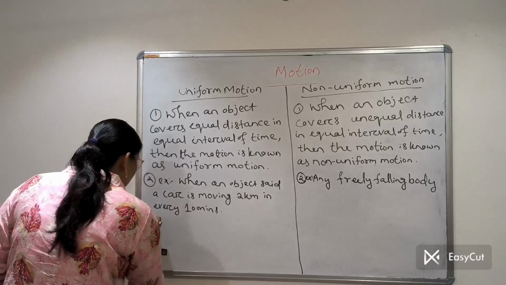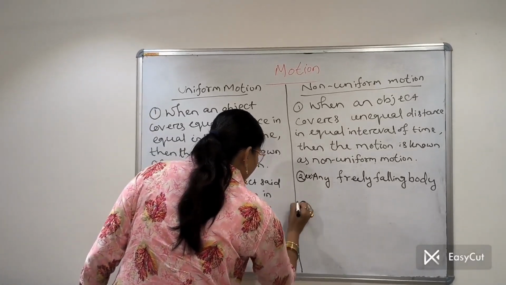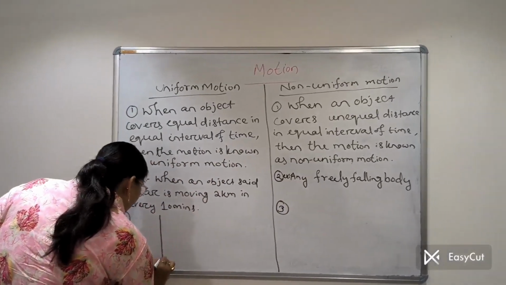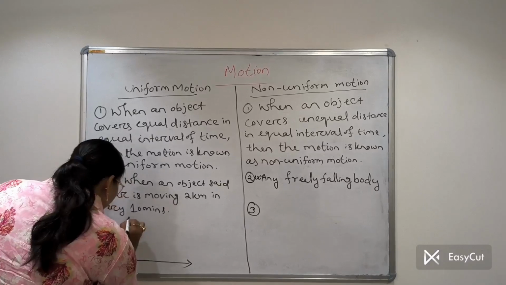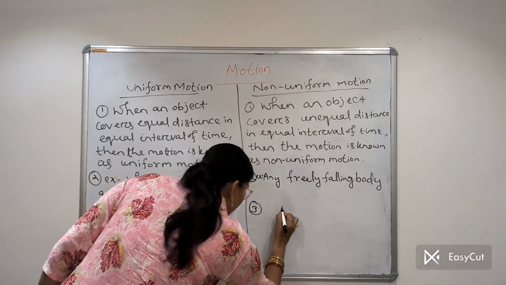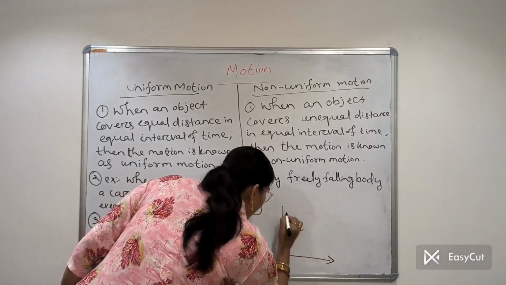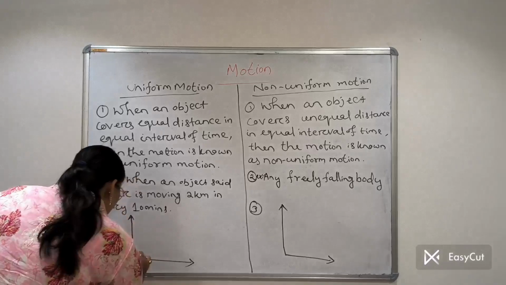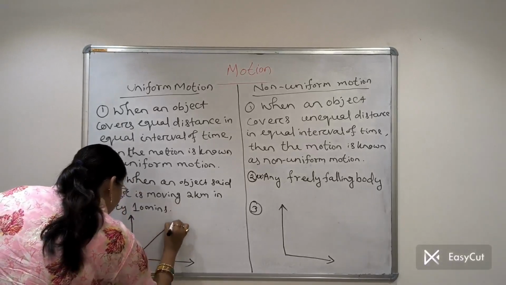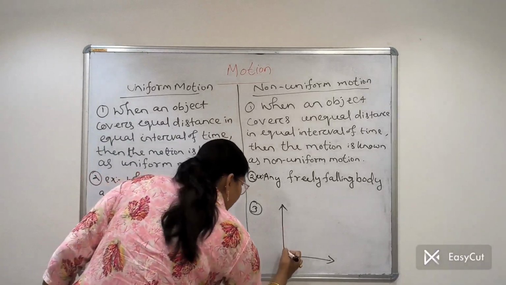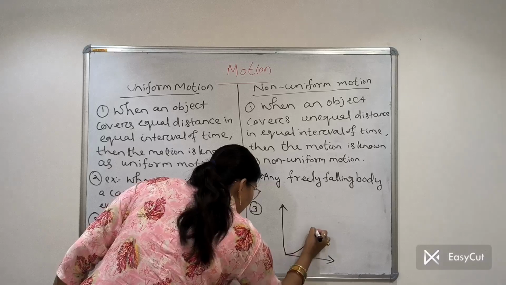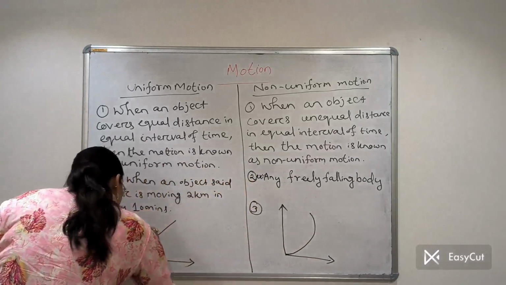Then the graph. Number 3 is graph. When we take the graph of uniform motion, it will be a straight line. And here the graph will be a curved line.